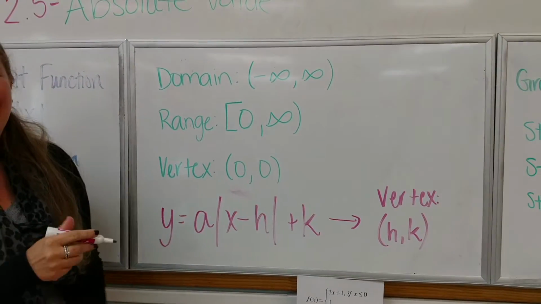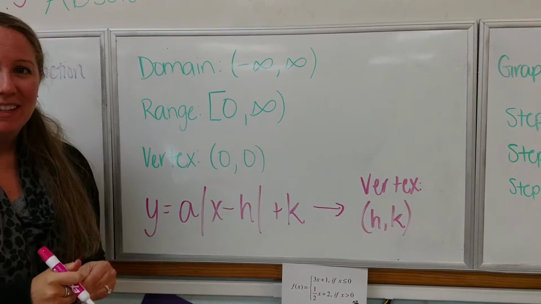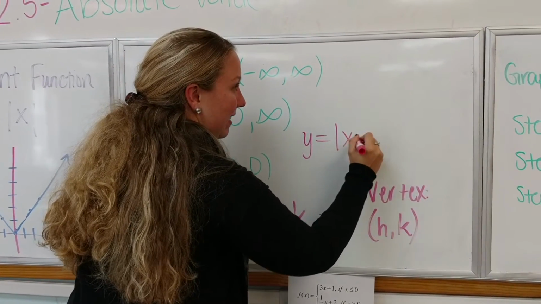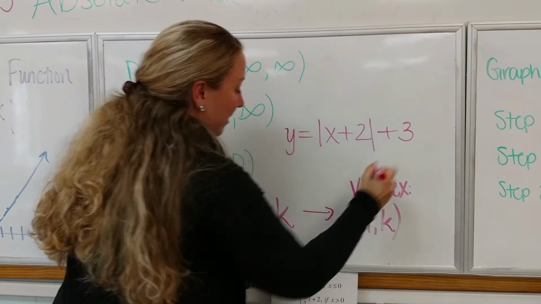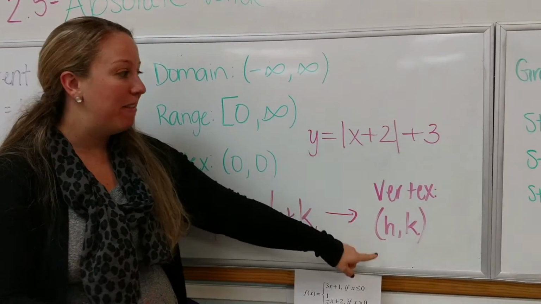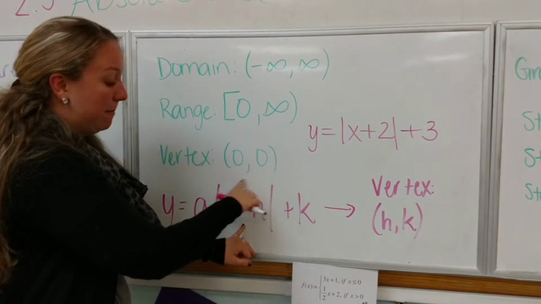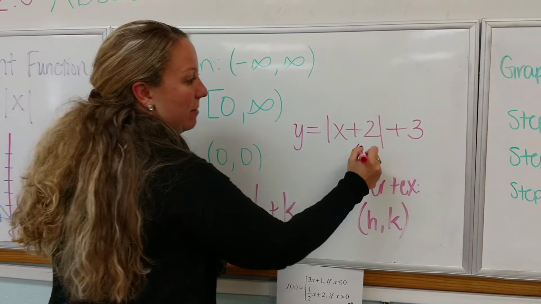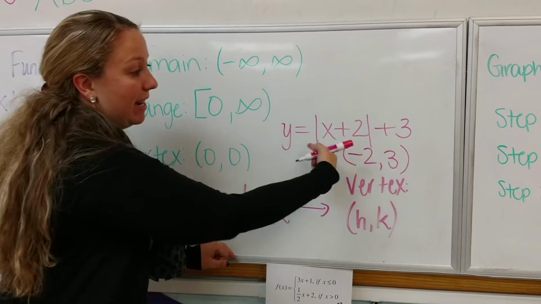Okay. So let's say y equals the absolute value of x plus 2, plus 3. So when I'm looking for my vertex, I'm taking this plus 2 as my minus h, and when I write it as the vertex, this is going to be -2, 3 for that vertex here.